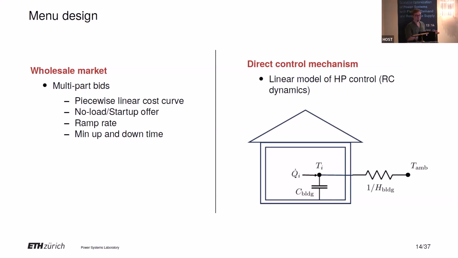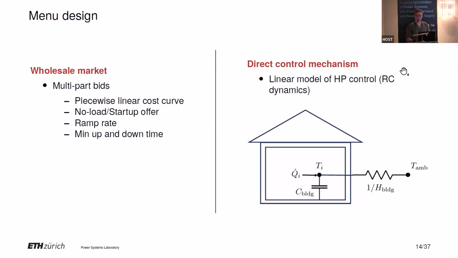This is a little bit analogous to the wholesale market, especially how it's done in the US with multi-part bids. You know that the assets that are participating have some minimum up and down time, some ramp rate, etc. And so you offer a bidding format that allows them to directly bid their parameters. The parallel here is to make a parameterized model of heat pump control and use this as the basis of the menu.